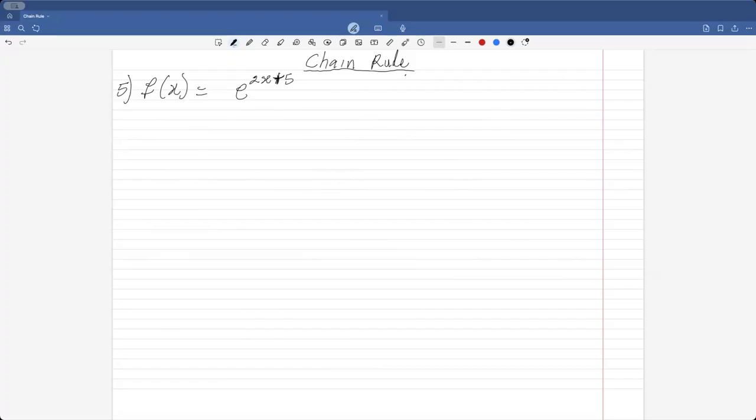So how can we find the derivative of this function using chain rule? So the inside function is nothing but 2x + 5. The outside function is nothing but e to the power of 2x + 5. So f prime of the inner function is nothing but 2. f prime of the outside function is nothing but e to the power of 2x + 5.